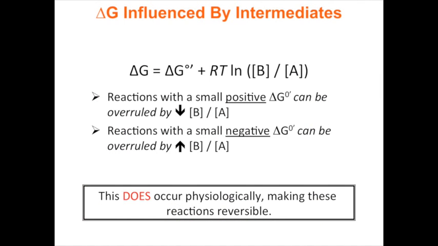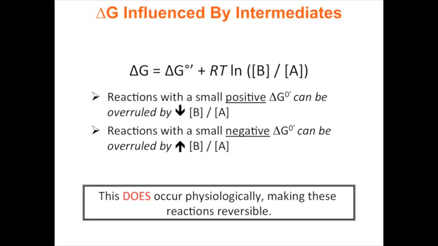Now we mentioned that free energy is always changing in the cell, and it's that way for a reason. We need to be able, in some cases, to push a reaction forward or pull a reaction backwards. We need to change the free energy of that reaction. And we can do that because the free energy of a reaction is influenced by the concentration of substrates and products.